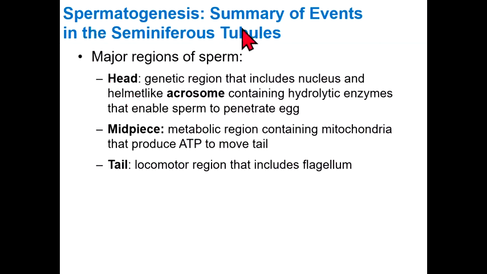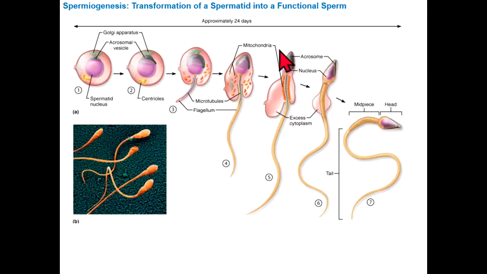In spermatogenesis, summary of events in the seminiferous tubules, we have major regions of the sperm, the head, the genetic region, because there's the nucleus, and it has a helmet-like acrosome, and that acrosome is important. Remember the acrosome right there on the tip?